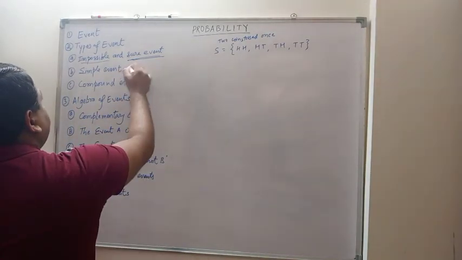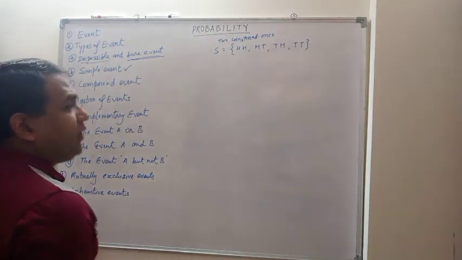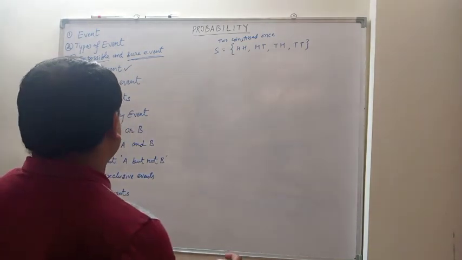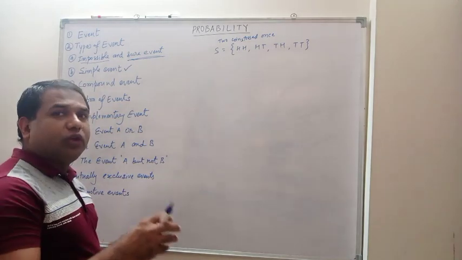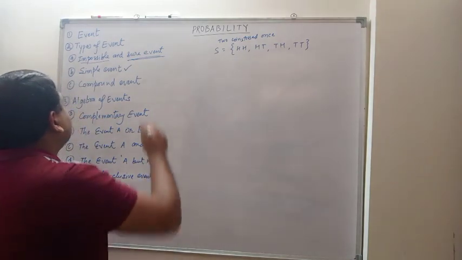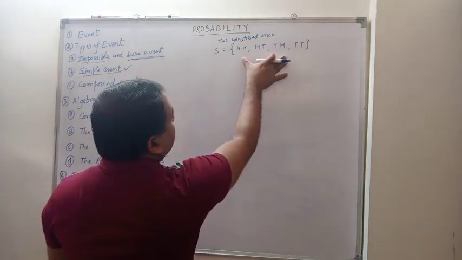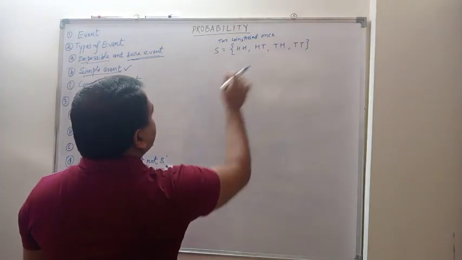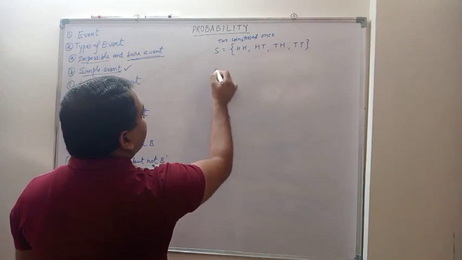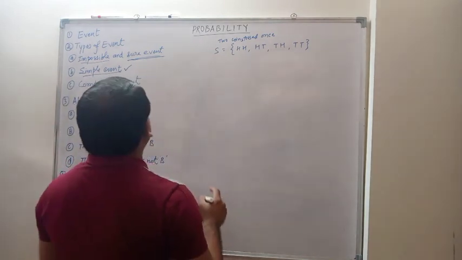In a sure event, you will definitely get one of your favorable outcomes. Now we come to the simple event. These are our sample space. A simple event is nothing but an event that has only one sample point.